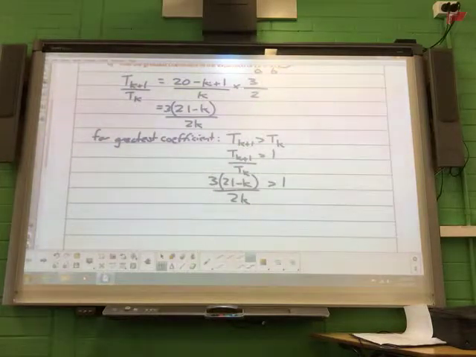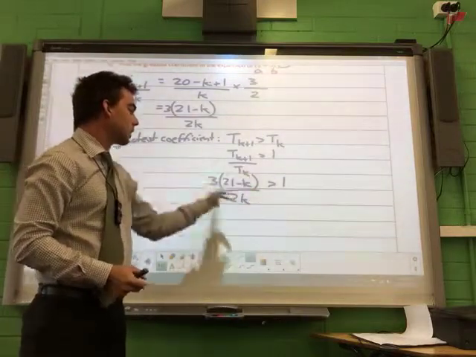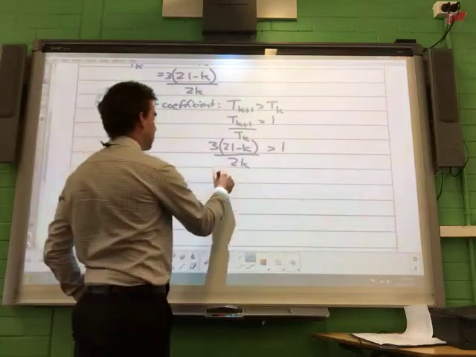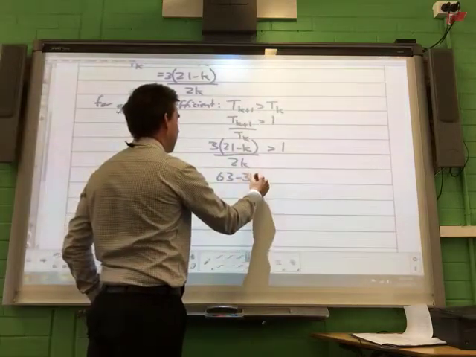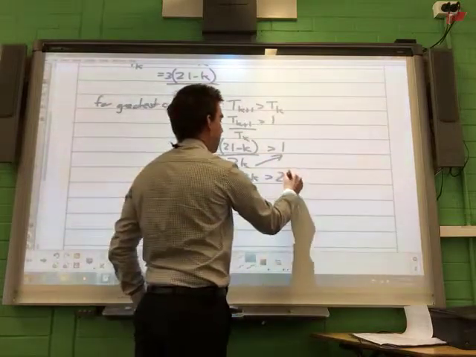Okay, a couple of things you can do. You can cross multiply, have this as a fraction, or we can expand this out, which is what I'm going to do. So 21 threes is 63 take away 3k is greater than, and I'm going to bring that up to that side, 2k.